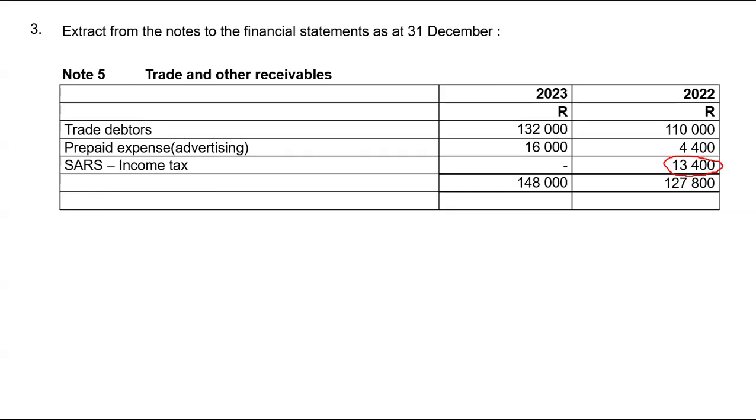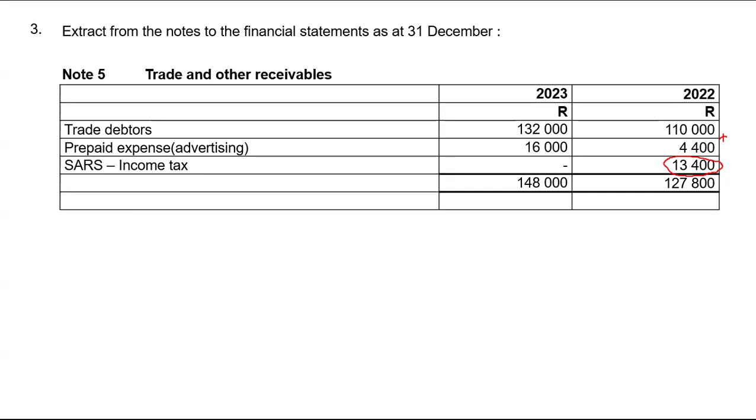And for 2022, I will only take 110,000 and add it to 4,400, which gives me 114,400. I'm going to compare the two, which means that my trade and other receivables has gone up. If trade and other receivables has gone up, that is a cash outflow. It means that I was buying stock and giving it to my customers, so I lost money. I could have sold that stock for cash, but I lost money. That's why it's a cash outflow.